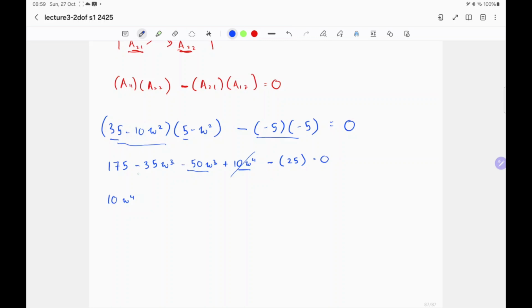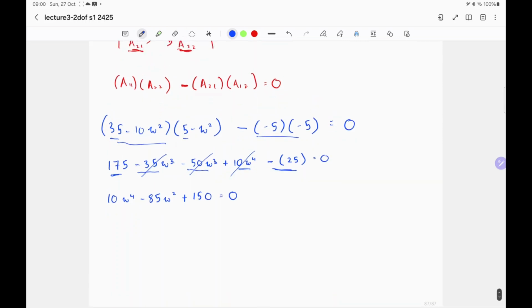Negative 50 minus 35 omega squared is negative 85 omega squared. Again, slash it. And the last one is 175 minus 25, which is 150. So it will be positive 150. And this is equal to 0.